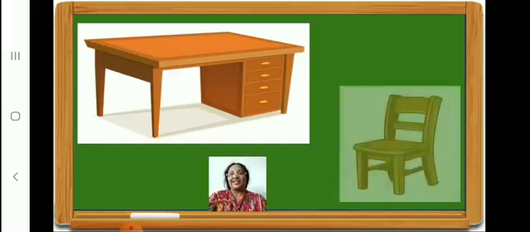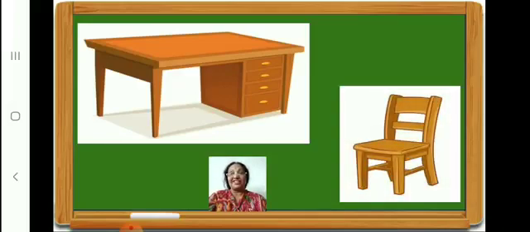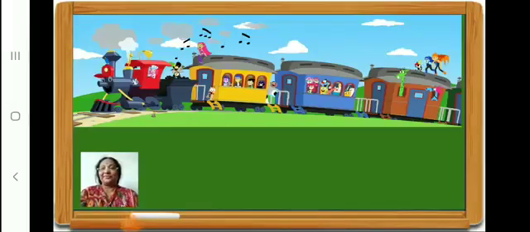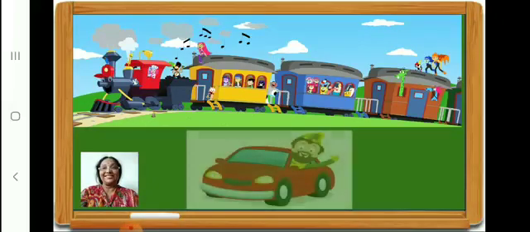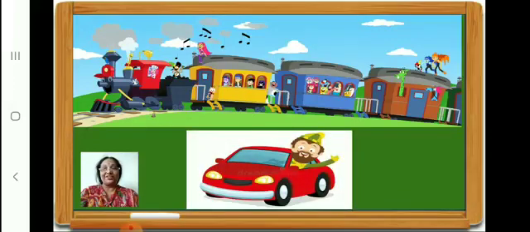Children, look at these pictures. Here the table is long and the chair is short. Children, this is a train and it is long. Look at this picture down. It is a car.